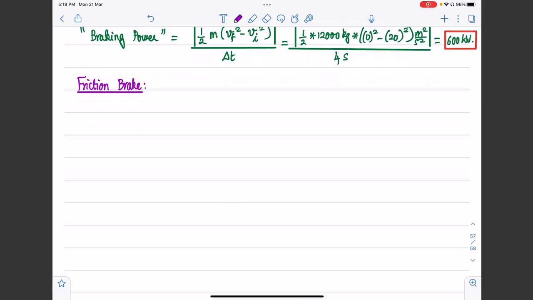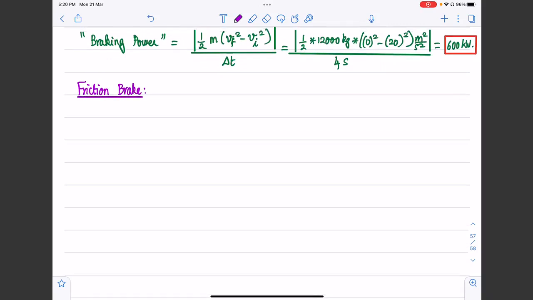We will analyze some interesting characteristics of friction brakes, namely the disc brake and the drum brake. And then we will use that analysis to reason out why brakes are used the way they are in most vehicles today. Okay, so we will answer those questions as we go along.